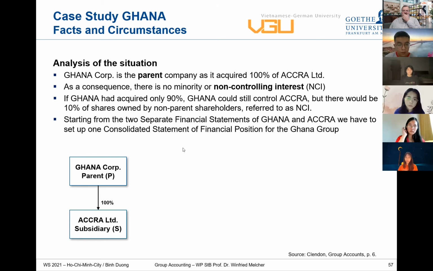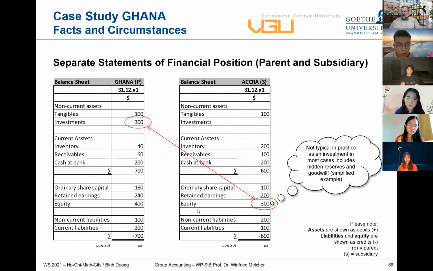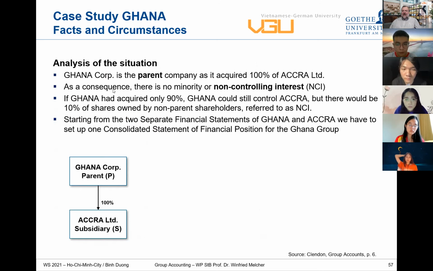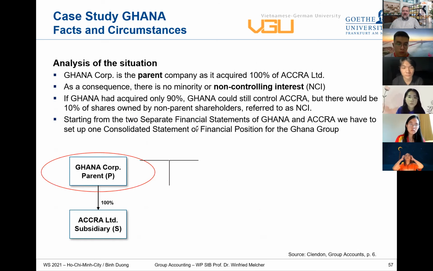And now we will start with the two separate financial statements of Ghana and Accra, which is on the previous slide, slide 56. We will take these separate financial statements and use that as a starting point for the consolidation.